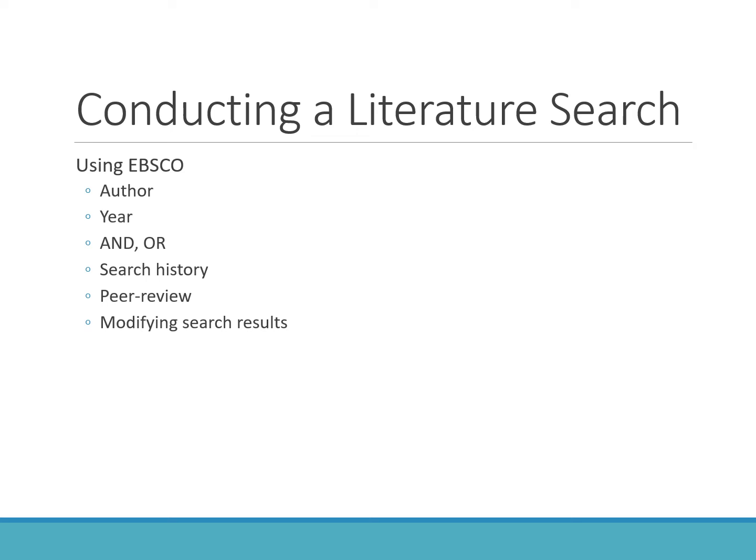So that "or" function allows you to kind of broaden your search by using a couple of different words for the same construct. You can also filter your searches by peer review. So there's a peer review button on the left that you'll see in the EBSCO host video. And you can also modify your search results.